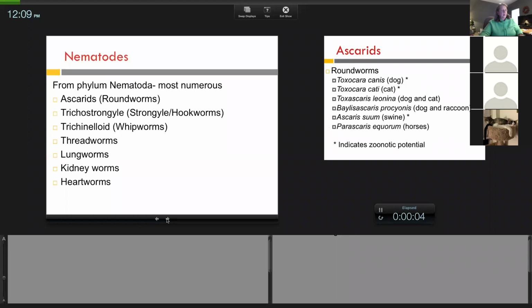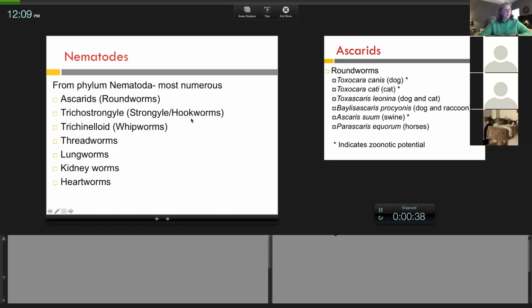When we talk about the parasites, it's best to review them in categories. The very common category that we think about is the nematodes. Phylum is talking about the whole group, Nematoda, and these are all the types of nematodes. Your ascarids, which are super common, are your roundworms. Then you have the trichostrongyles, but your strongyles are hookworms.